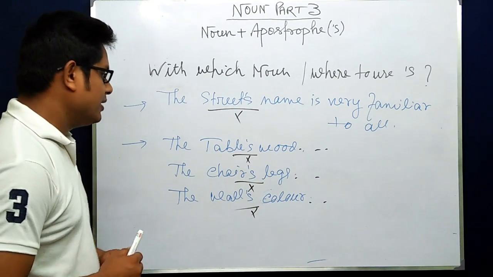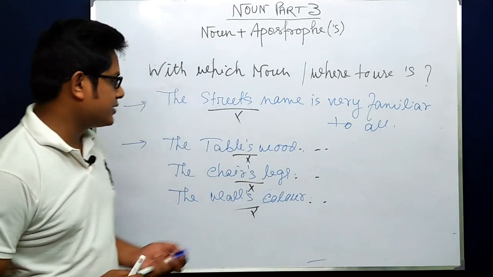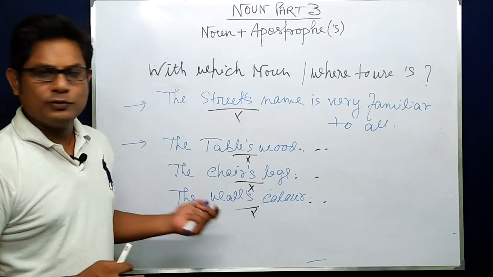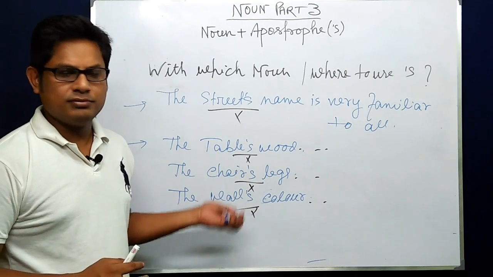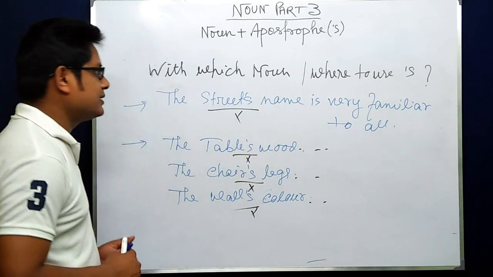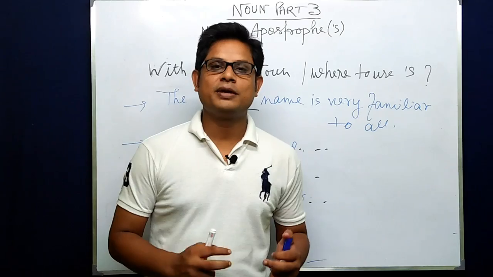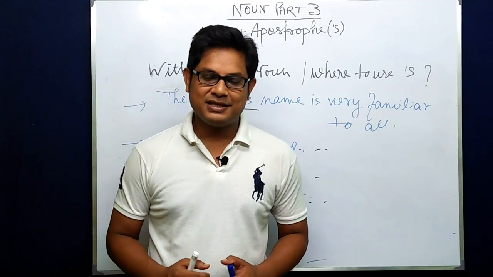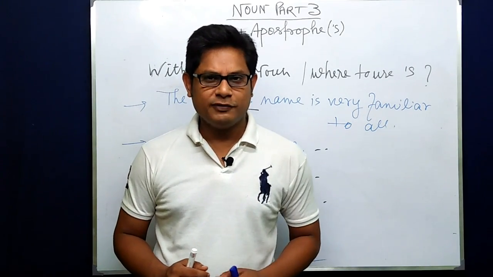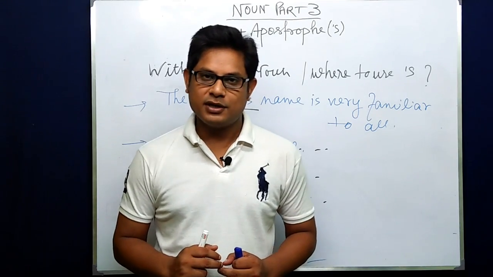Why? Let me tell you. See, we have such tendencies. We normally say the street's name, the table's wood. If you look at it, then you may say, no, these all are right. But what the rule says is that apostrophe s cannot be used with any non-living noun. Clear? If the noun is non-living, then you cannot use apostrophe s with that particular noun.